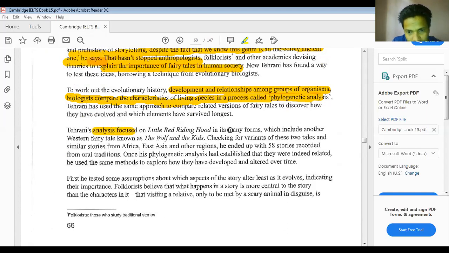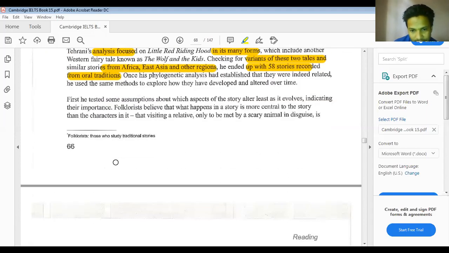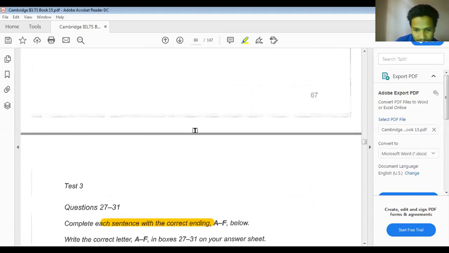Analysis focused on this and in many forms, which include another Western fairy tale known as the wolf and the kids, and checking variants of these two tales and similar stories from Africa, East and these regions, and in data with 50 stories recorded from oral traditions. They were orally told, oral tradition, okay? Means they were oral tradition.